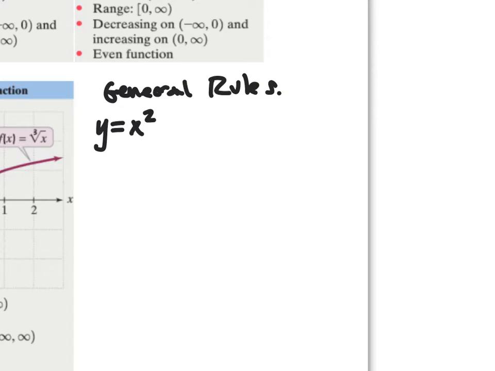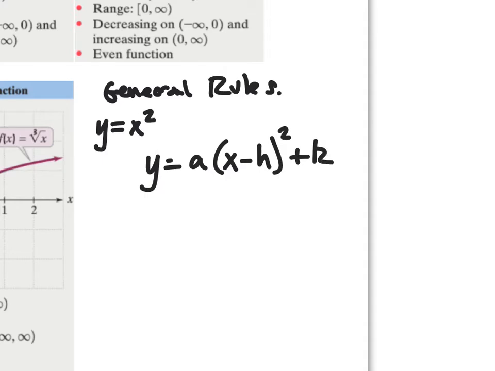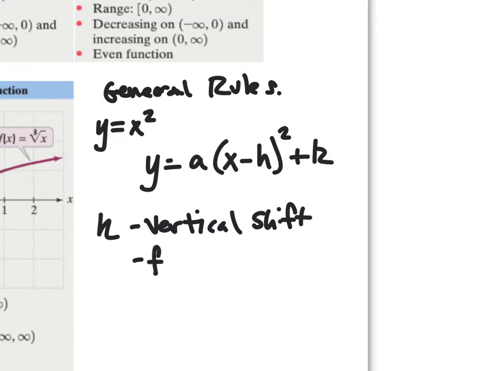We use the notation y equals a(x minus h) squared plus k. First of all, k is your vertical shift. That's going to move it up or down, and this follows the sign.